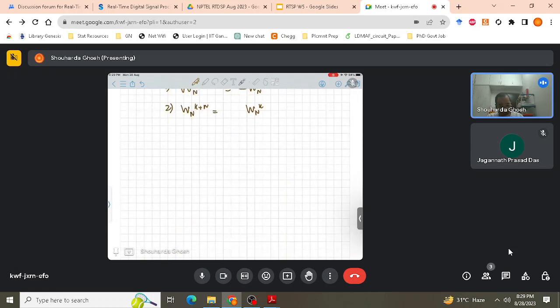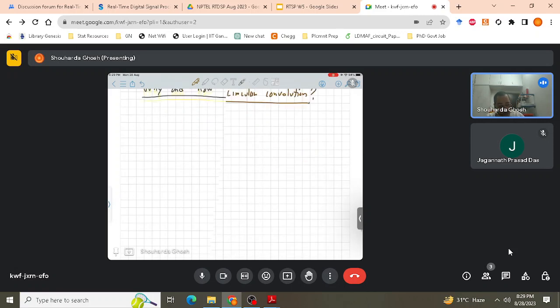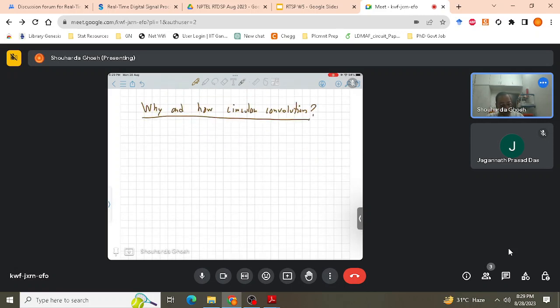Before circular convolution, why and how does it arise? I won't be talking about the exact mathematics. Whenever we convolve two sequences x[n] and h[n], let's say x[n] is an M point sequence and h[n] is an N point sequence.